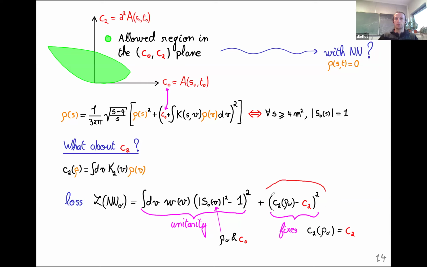This term of the loss is minimized when the value of C2 computed from the neural network is equal to the target value. So now we can fix both C0 and C2. So we can try to solve unitarity for every single point in this C0, C2 plane.